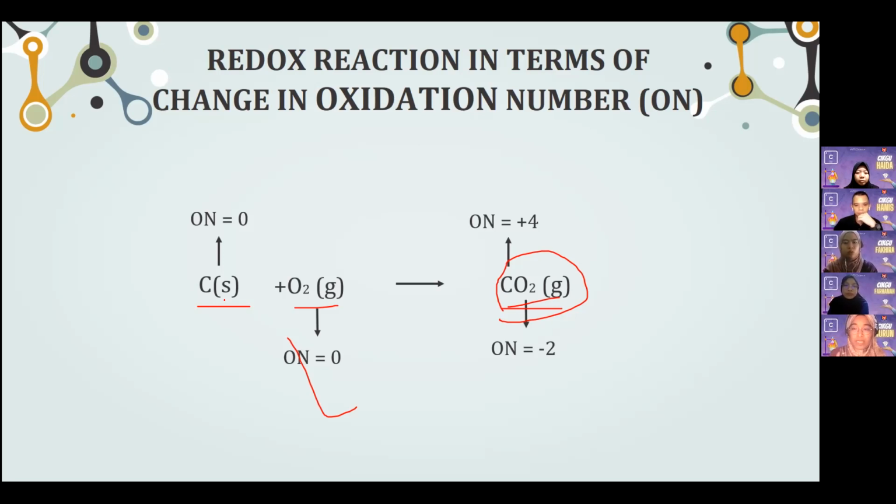Whereas if it is a compound made up of 2 or more elements, each has its own oxidation number. The oxidation number is equal to its charge.